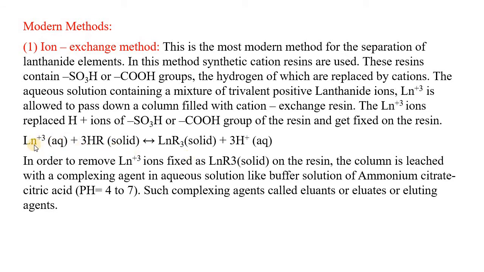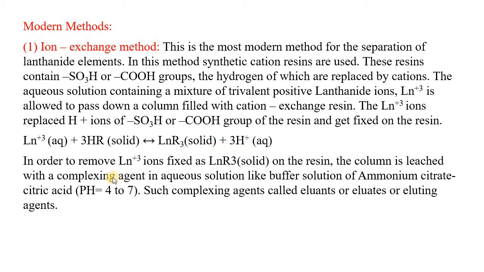Lanthanum plus 3 in water solution is added to the resin, which is represented by 3HR. Now what happens? The lanthanum ion replaces the H plus of the resin and becomes LnR3 solid plus 3H plus.